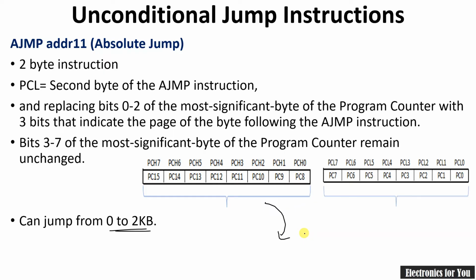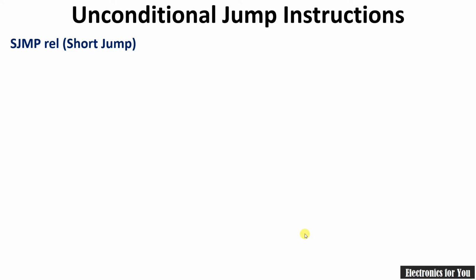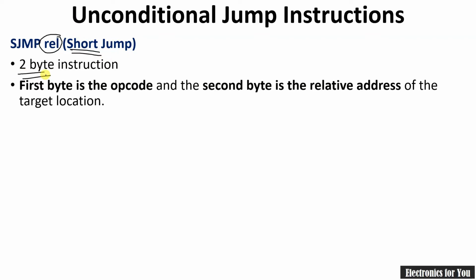Okay, the next jump is very important, and it is SJMP, that is short jump. It is followed by a relative address. What this relative address is, is very important. Note here that the SJMP instruction is also 2 bytes and its range is -128 to +127 bytes.